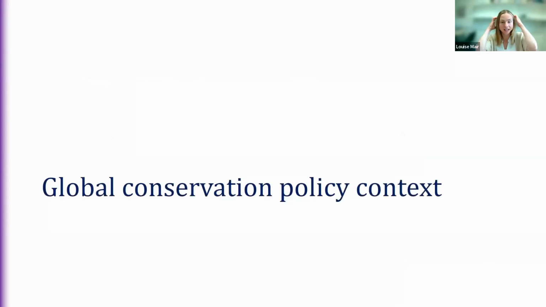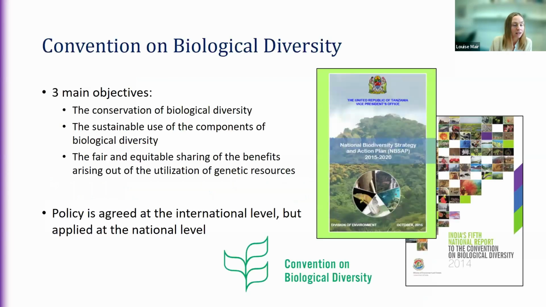Okay, so just to start with the global conservation policy context, to give you the motivation for developing STAR in the first place. A lot of the work that we do here at Newcastle involves engaging with the Convention on Biological Diversity. So the CBD was established back in 1992 at the Rio Earth Summit.